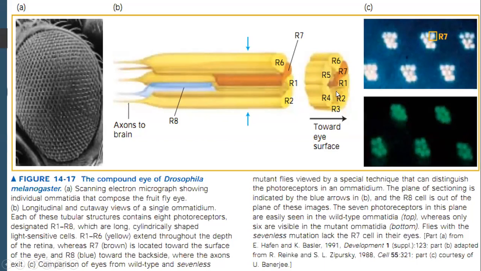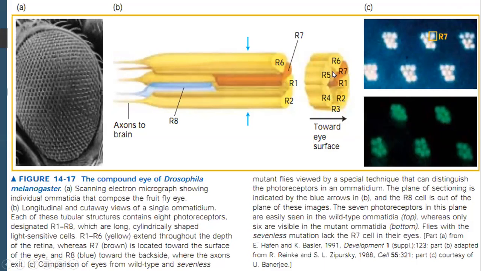In this diagram, you can see the comparison between the two. This is the normal. If you count these cells: 1, 2, 3, 4, 5, 6, 7. So these are 7 cells, and this one is R7.